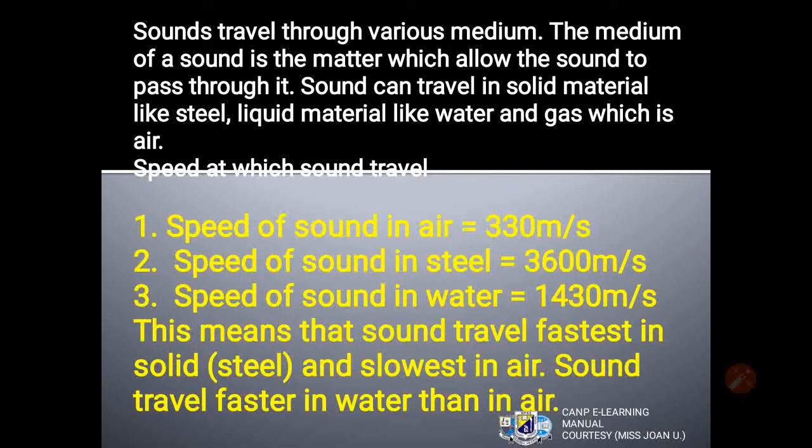This tells you that sound travels very fast in steel than in air. What about the speed of sound in water? It is 1,430 meters per second. This means that sound travels fastest in solid, which is steel, and slowest in air. But sound travels faster in water than it travels in air. True.